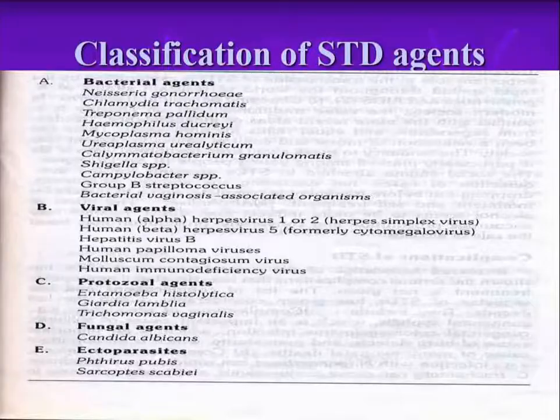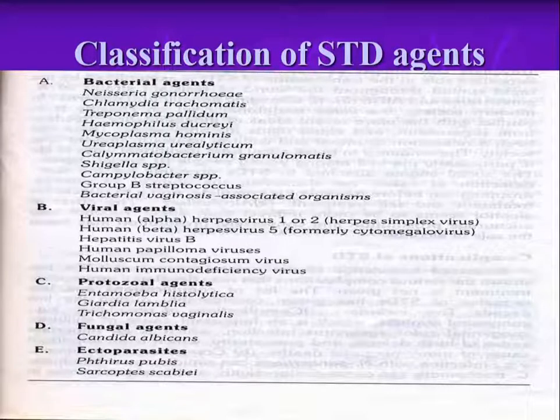Here, regarding the classification of sexually transmitted diseases by causative agents, there are bacterial, viral, protozoal, fungal, and ectoparasite. So, five types of classification.